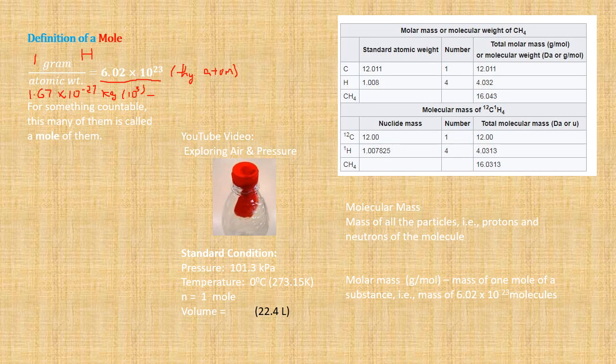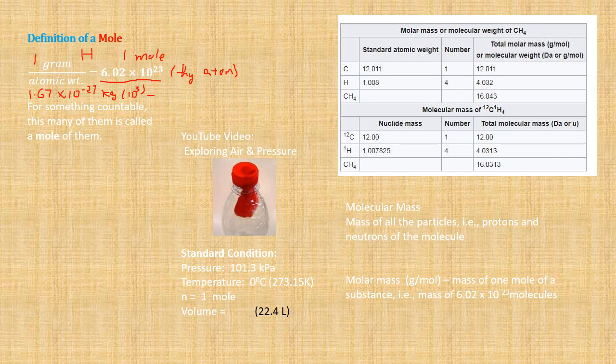This many hydrogen atoms will weigh 1 gram, and that's called 1 mole. Therefore, 1 mole of hydrogen atoms will weigh 1 gram, which means this many. Why? Because that's simply a conversion between units.